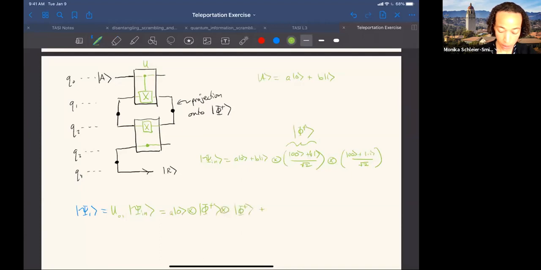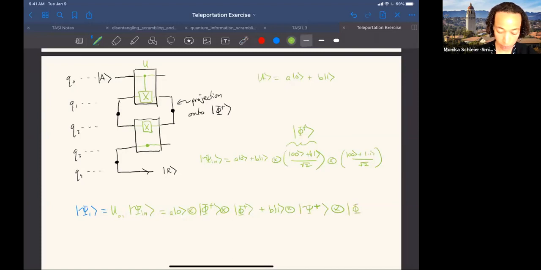But if Alice's qubit is in the 1 state, then we're going to flip one of the qubits in this EPR pair. And so Q1 and Q2 are now going to be in the state psi plus, the one where one of the qubits is flipped, which is orthogonal to the one we started in. And so far, I'm only applying that first unitary.